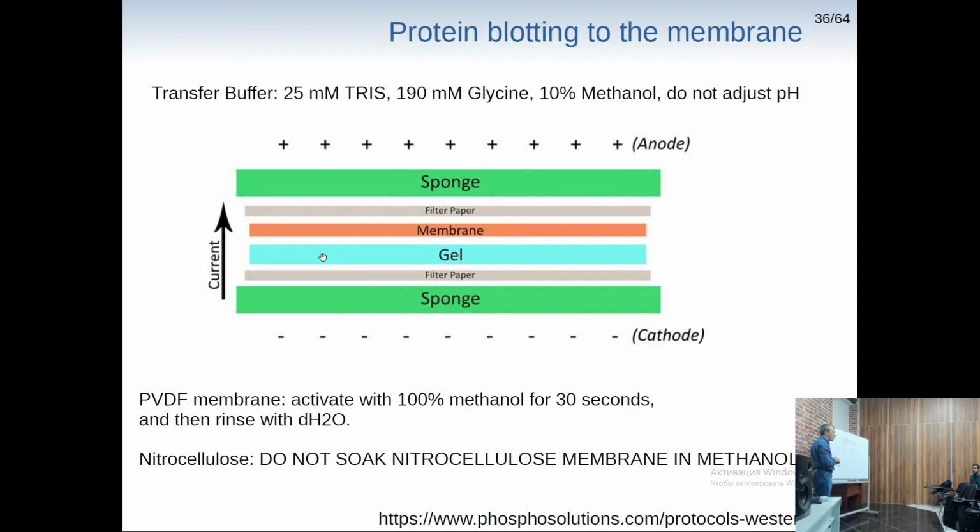You can do it by soaking it in 100% methanol, and then putting it into water. Then all the hydrophobic parts will be coated by some methanol, and they will be hydrophilic, even if it is stored for a long time in water afterwards. But it will be possible for proteins to stick to this membrane because of those hydrophilic interactions.